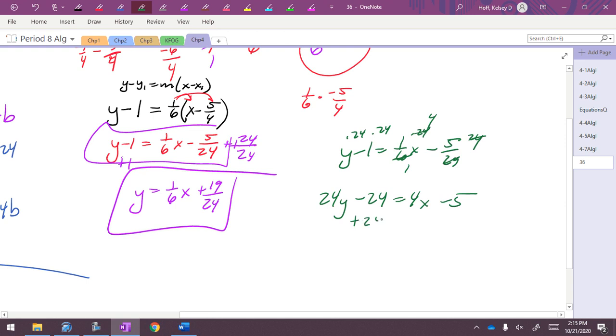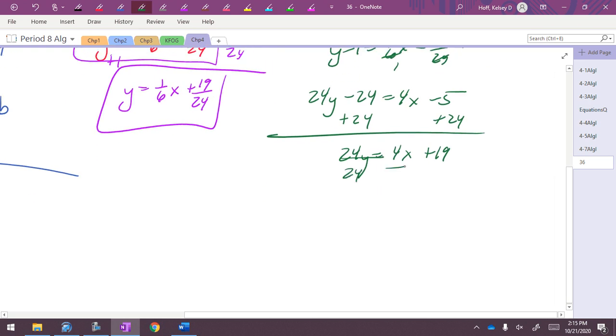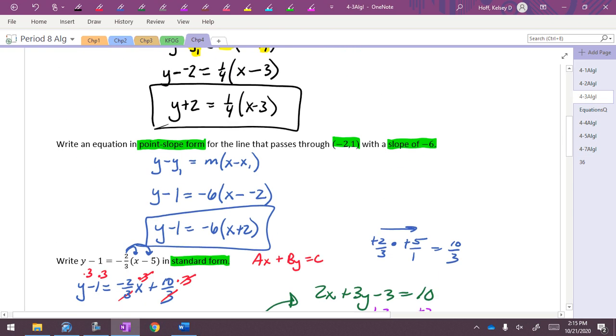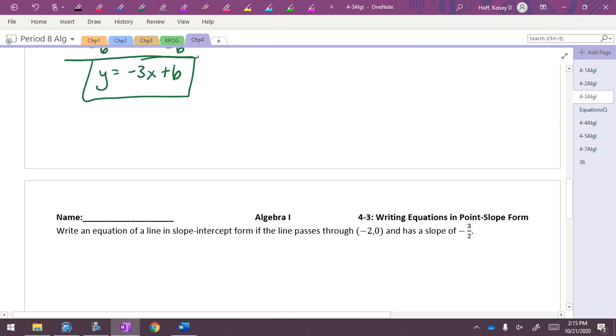So you would add 24 here, right? 24y equals 4x plus 19. And then you would divide by 24. Y equals, this would reduce to be 1/6 x plus 19/24. Even that process was a heck of a lot less work than the other way, yes? So some of you are looking at this like, I'm never going to use point slope. I think you'll be in tune more to use it than you realize.